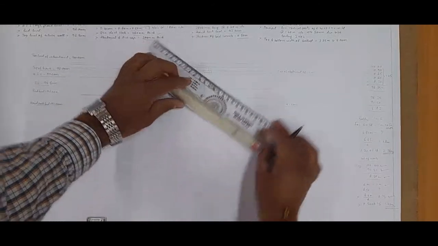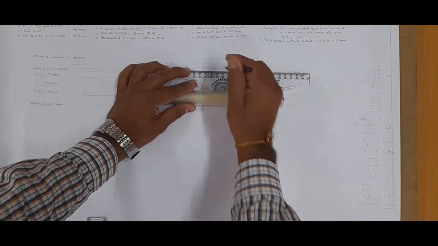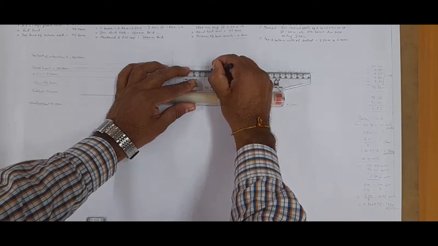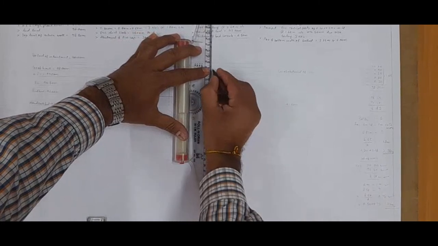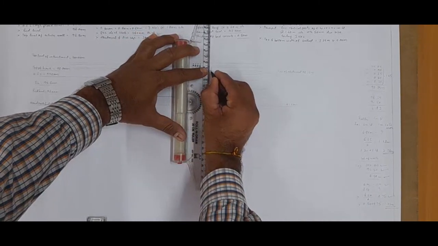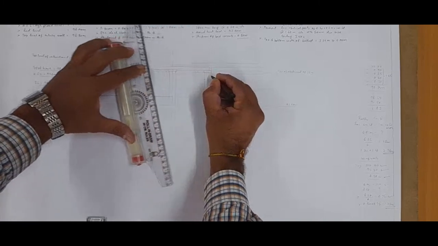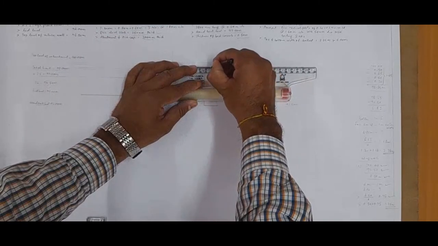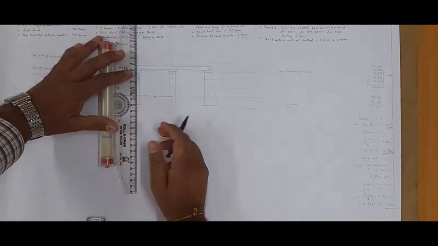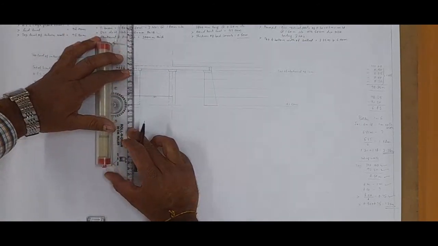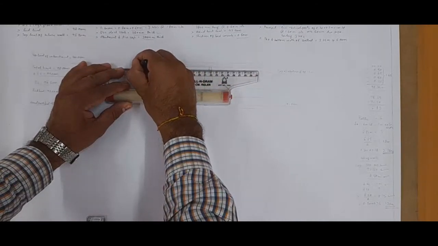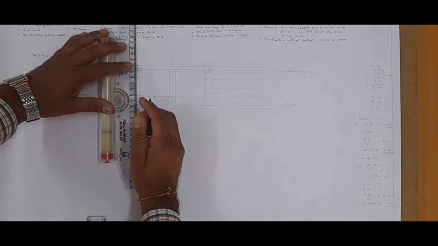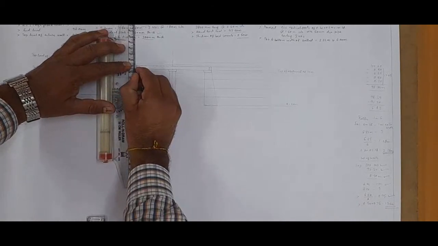Now we shall draw the dirt wall here. From the outside I am going to measure a distance of 30 centimeter. Dirt walls are constructed on either end of the wall to avoid the entry of embankment material, or the direct contact of embankment material with the beam and the bearings.